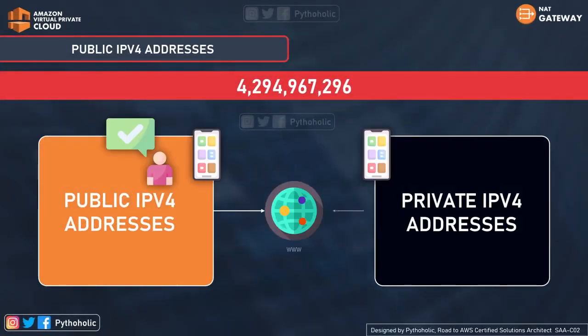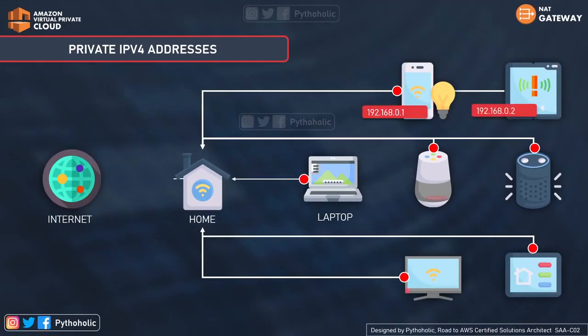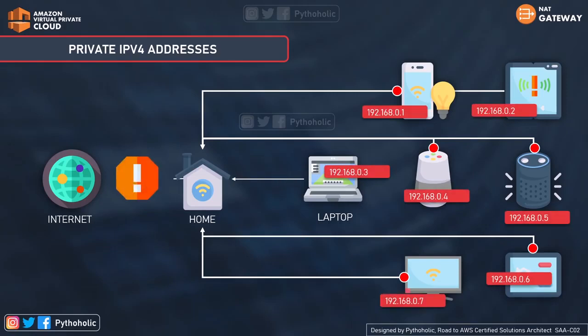And now, along with the public IPs, we had a range of private IPv4 addresses that could be used to attach to the devices. And if private IP was a solution for the dying public IP address pool, let's see what happens when we attach private IPs to our devices. Here we have all our devices in our local network with our private IP, and we assumed everything would work fine.